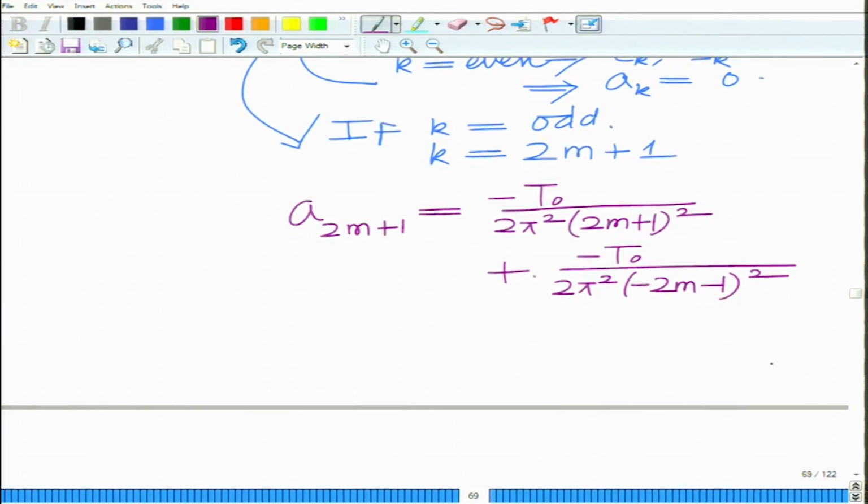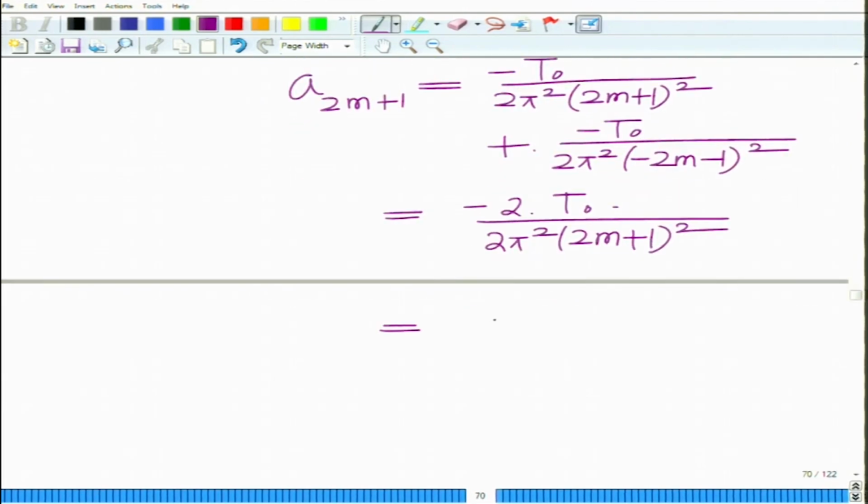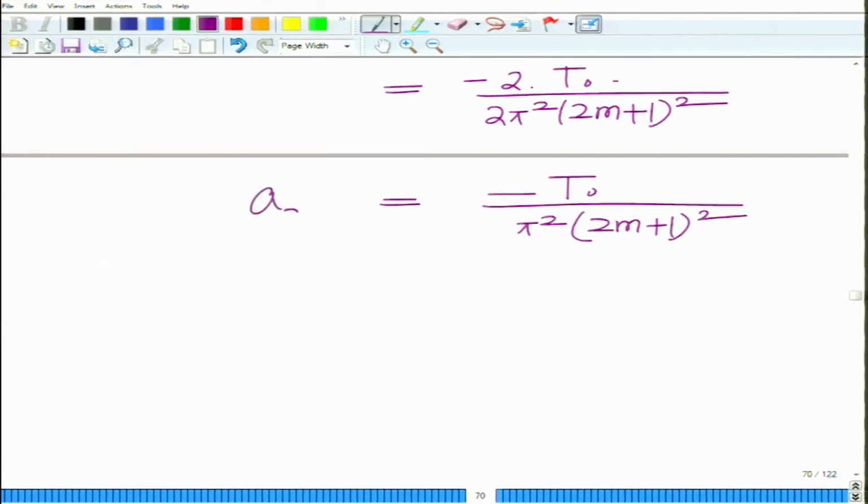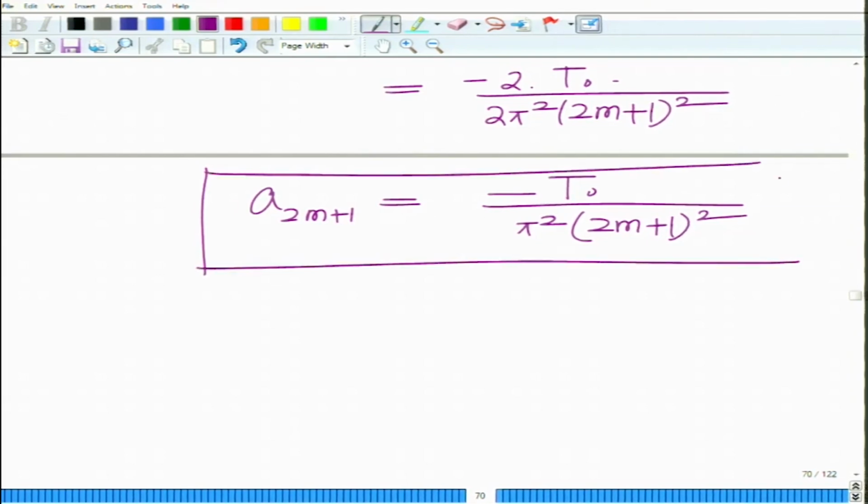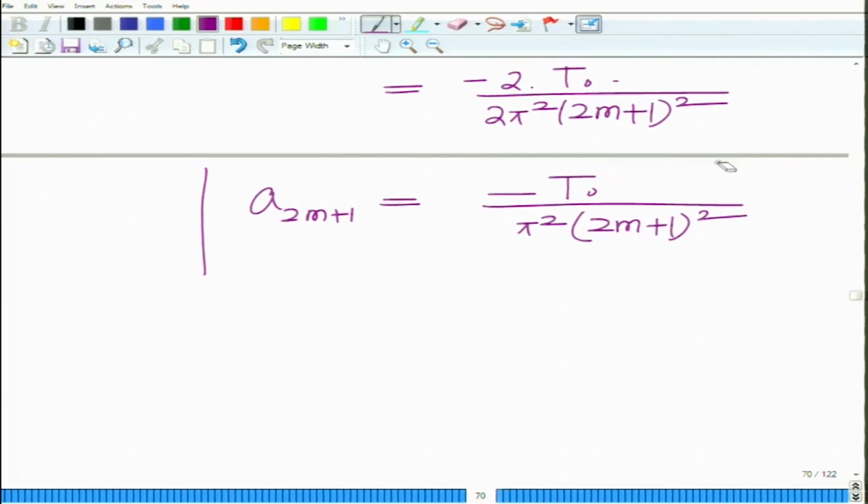You can see this is basically minus twice T naught by 2 pi square into (2m plus 1) whole square, which is equal to minus T naught by pi square by (2m plus 1) whole square. This is your A of 2m plus 1.